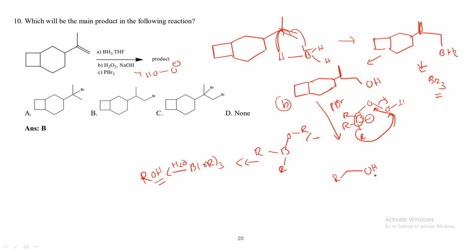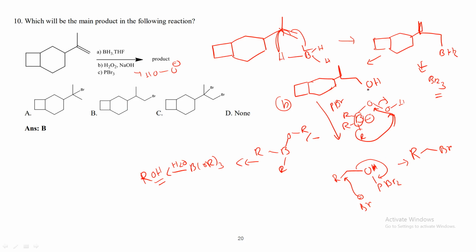With PBr3, at first this type of species is generated. You can see in PBr3, one Br minus is removed, right? And this attack is possible, and in this way RBr is generated, by SN2 attack of Br minus.